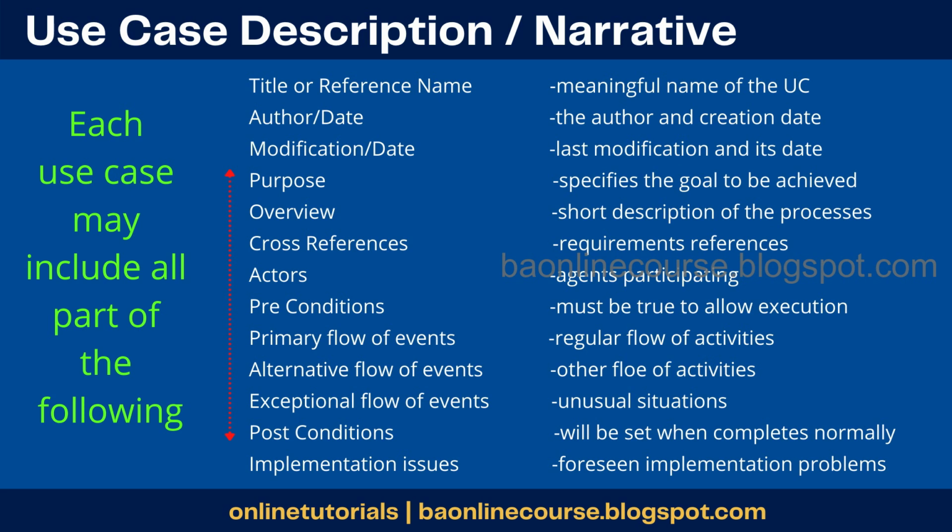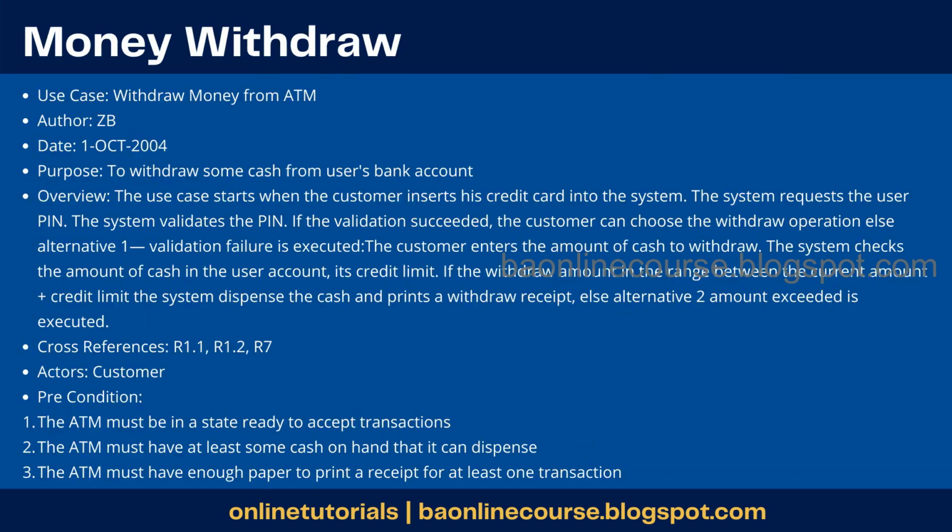Okay. So that's primarily the way a typical use case is created, right? You'll create this use case diagram first, and then you would explain each of these use cases using this description. A small example is there for how to withdraw money from an ATM.